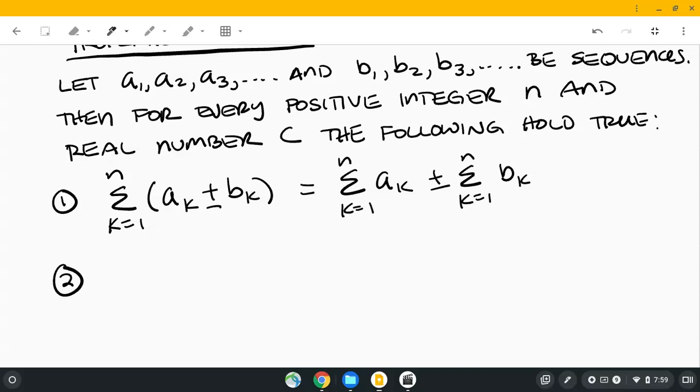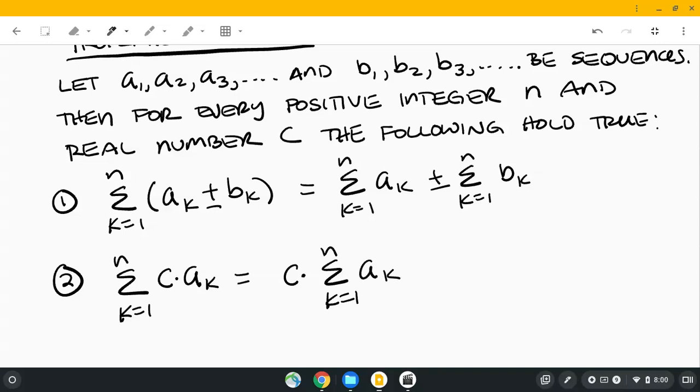And then over here, k equals 1 to n. If you're multiplying by some real number c times your sequence, you can actually take out that number and then just find the sum of the sequence.